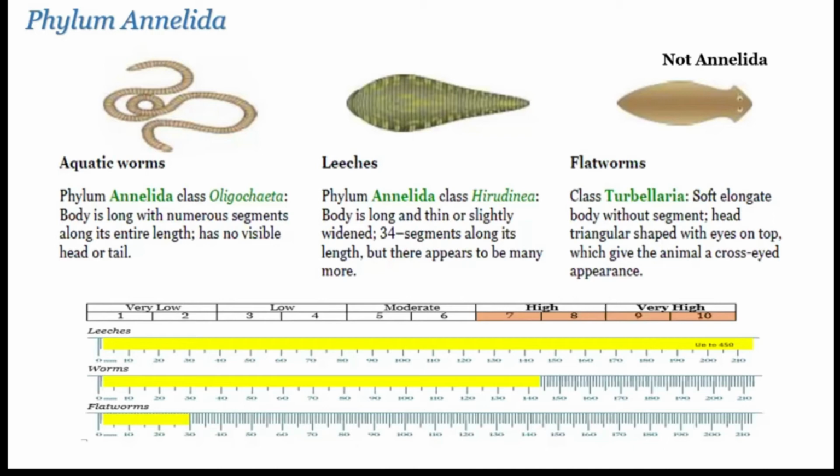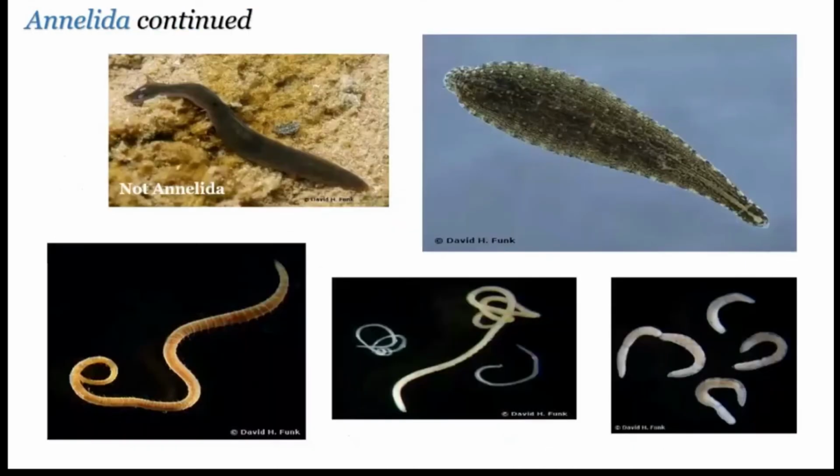There are families of flatworms that are very intolerant to toxics. So again, there's always going to be an exception. When I'm talking here, I'm talking in generalities. A few pictures. The pictures at the bottom are what I mean when I say that aquatic worms look a little different from one another sometimes, but they're still aquatic worms.